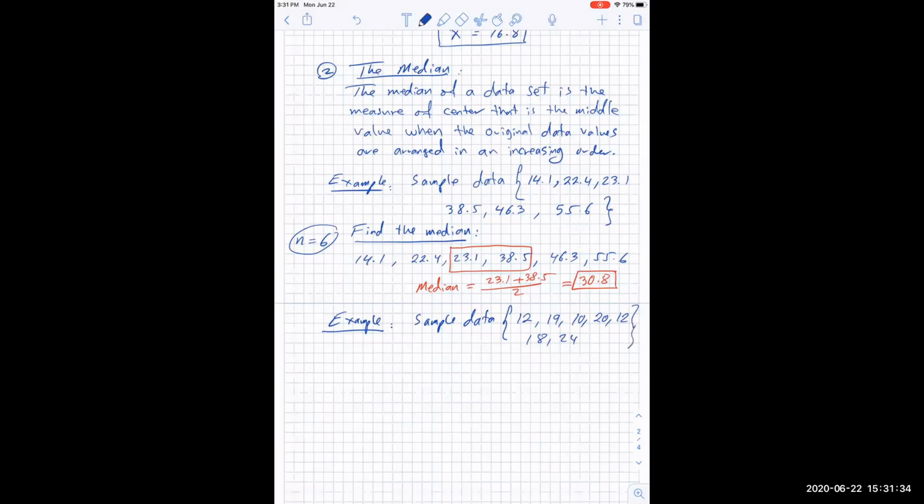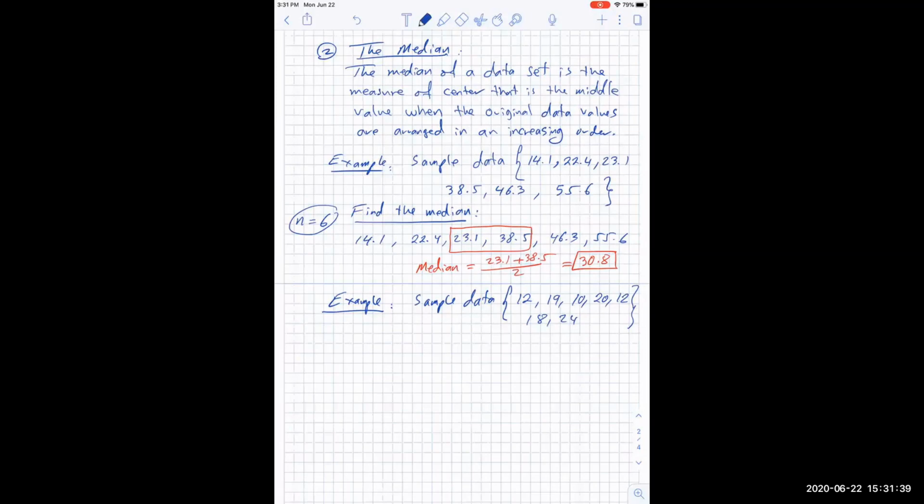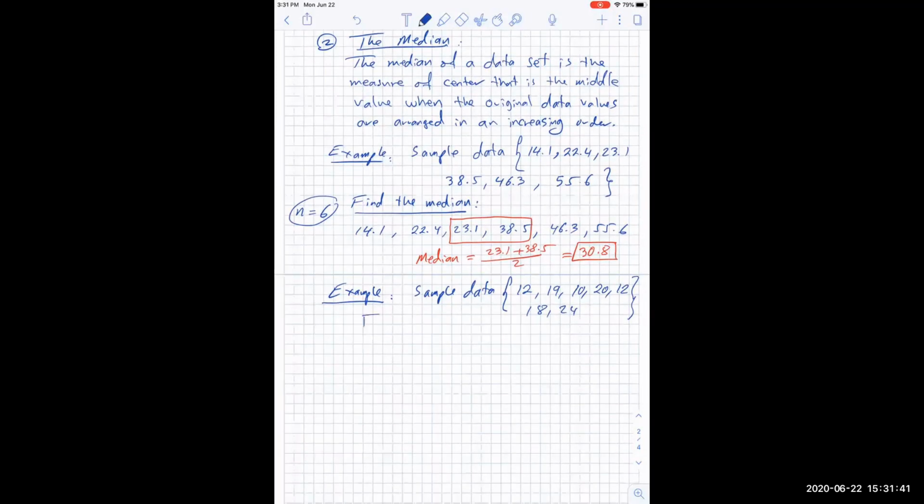So these are my values. I have 7 values. So I want to find again the median.